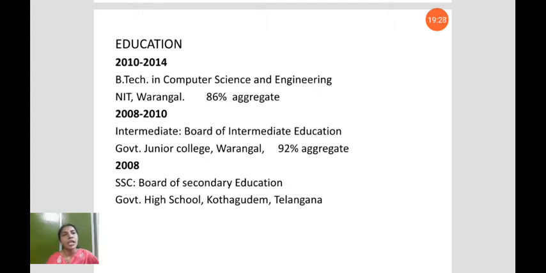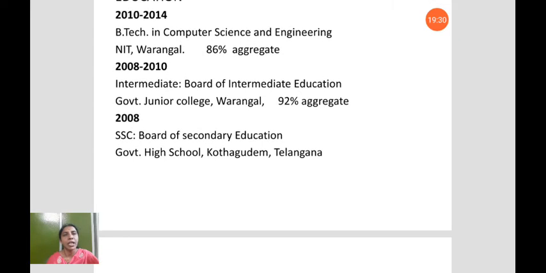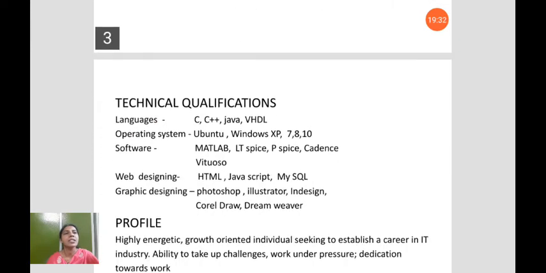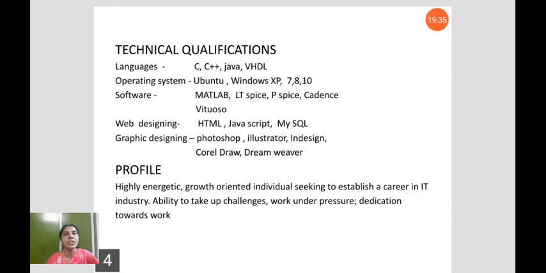And after educational qualifications, next comes your technical skills or technical qualifications. Here, this job, the graphic designing, senior programmer, requires a lot of knowledge about computers.